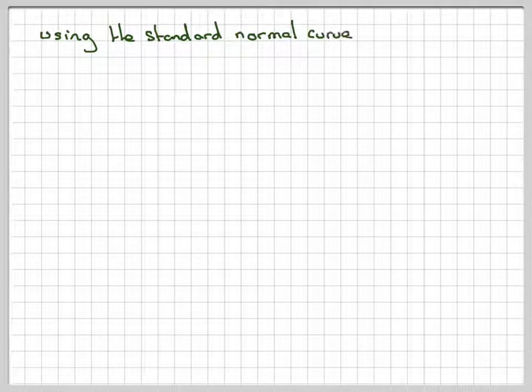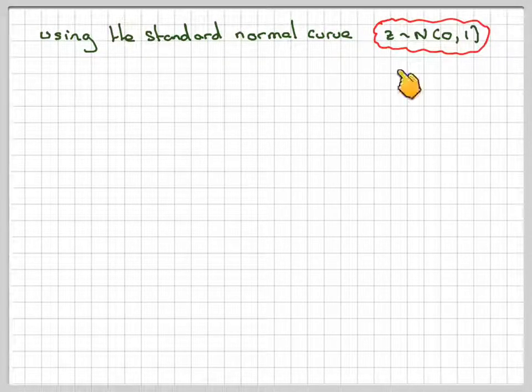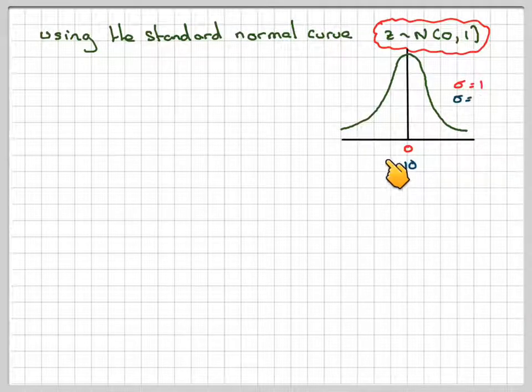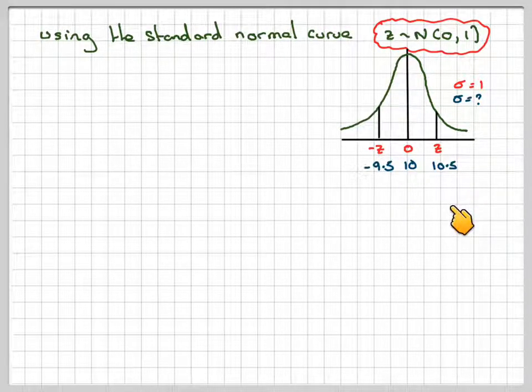The standard normal curve is Z belonging to N(0, 1). Drawing a diagram is probably essential now. A mean of 0 on the standard normal curve corresponds to a mean of 10 for our modelling situation. Minus z will correspond to 9.5 and z will correspond to 10.5.